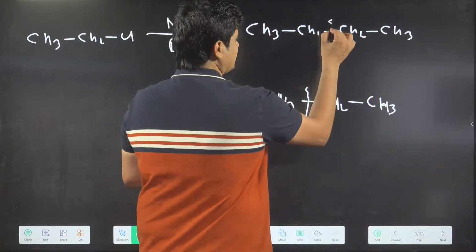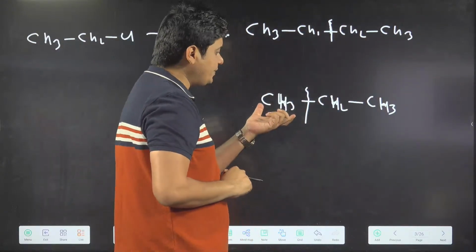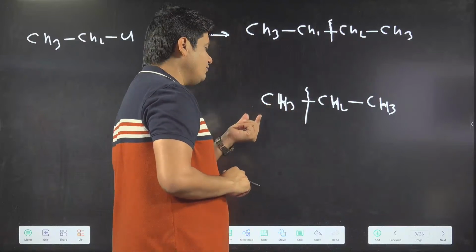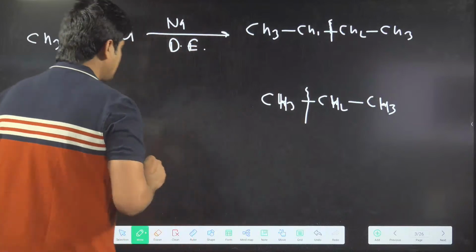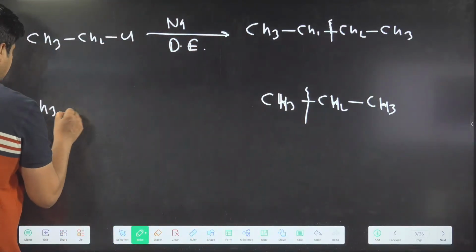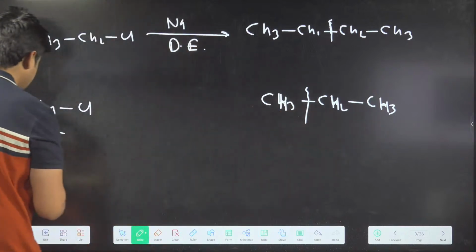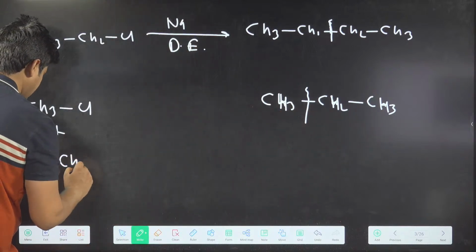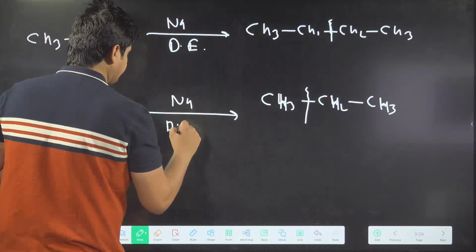So we are going to select CH3Cl for one part, and for the other part I am going to select CH3CH2Cl. The reaction condition is the same, sodium in dry ether.